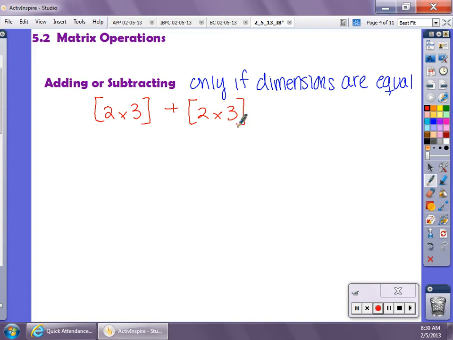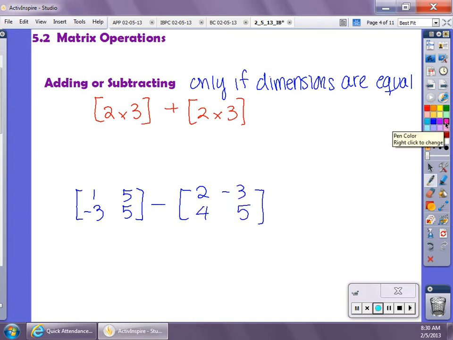So, adding or subtracting, I don't feel like I need to do a big example for this. In this case, you just do element by element. So, literally, if I show all my work, my first element would be 1 minus 2.